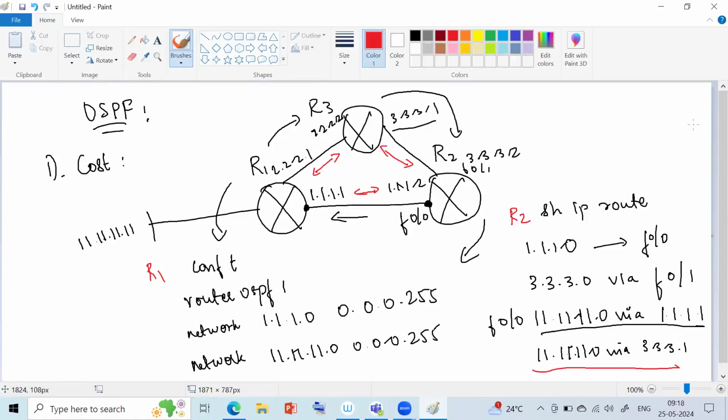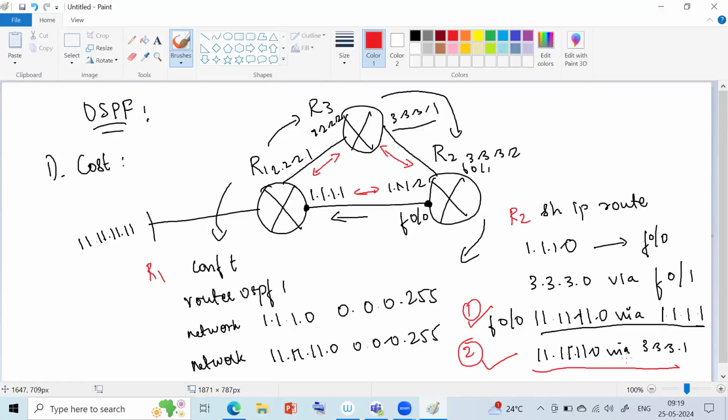In OSPF, we do not have a topology table. Instead, we call it a database table, right? In the database table, we have all the possible routes. But in the routing table, we have only the best possible route. So we have to select the 11.0 network among the first and second 11.0 network received, because this is the same network, right? We have to choose either one, which is the best.